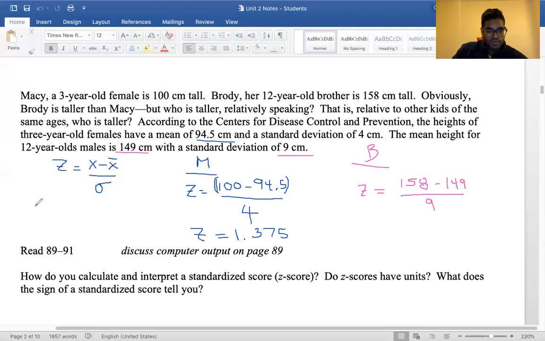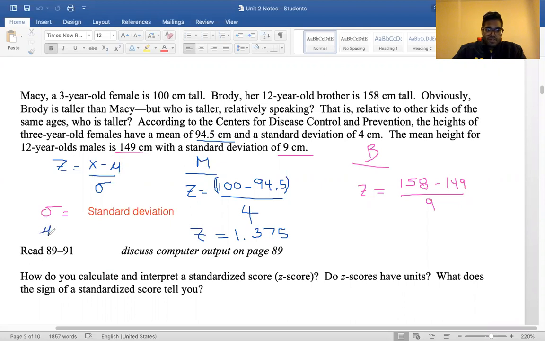Let me write a couple things here on the side. This symbol, sigma, stands for standard deviation. And to be technically correct, I'm going to erase this and make it a mu. You might wonder what the difference is.